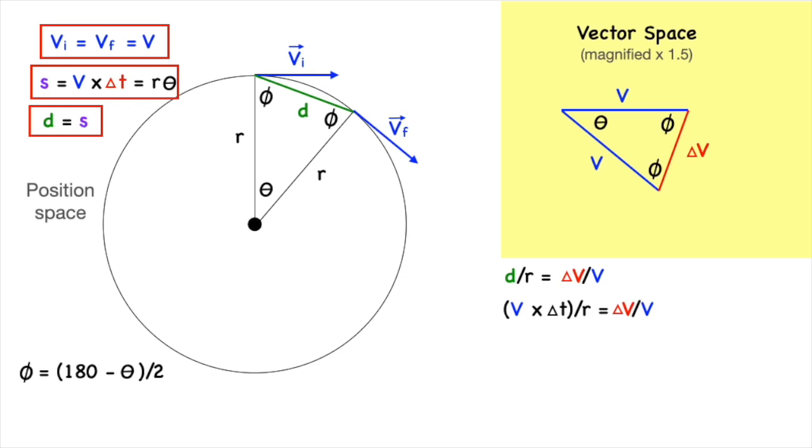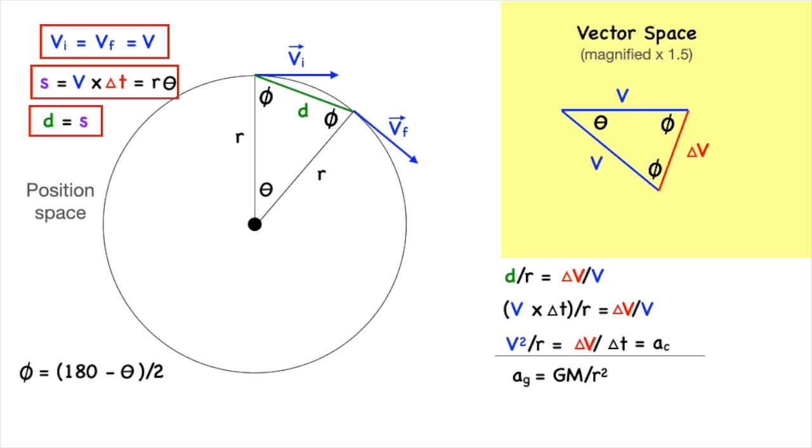Rearranging, we find that v squared over r equals delta v divided by delta t. Now, delta v divided by delta t, as we learned from our study of Galileo's work, is acceleration, or a sub c. The subscript c indicates that this acceleration is centripetal, that is, towards the center of the circle.